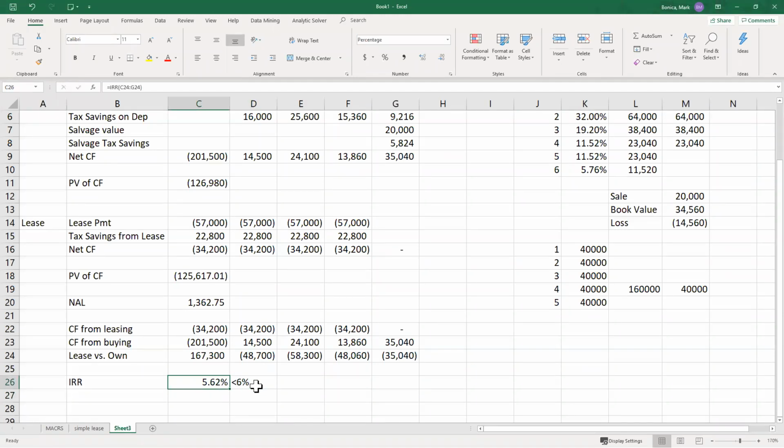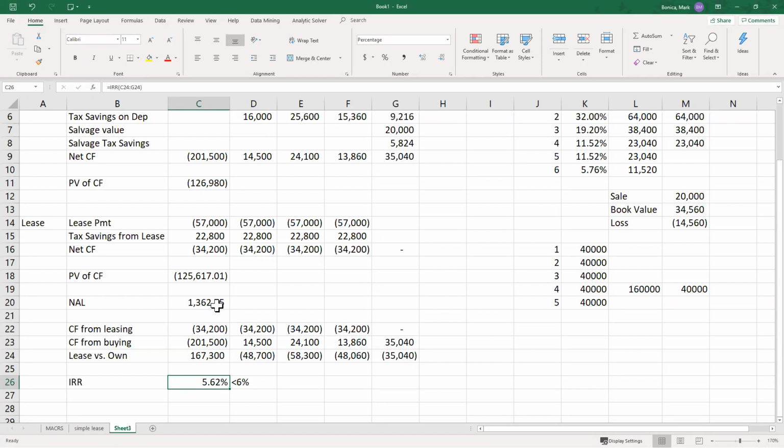And it kind of works the same way, right? When you use IRR normally, you want to have an IRR that's greater than the discount rate. When you do NPV, you want to have a positive NPV.